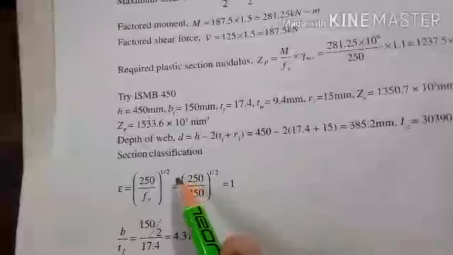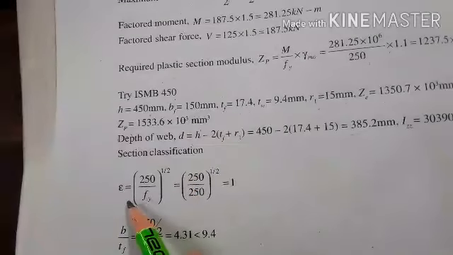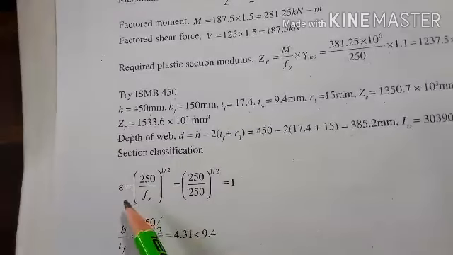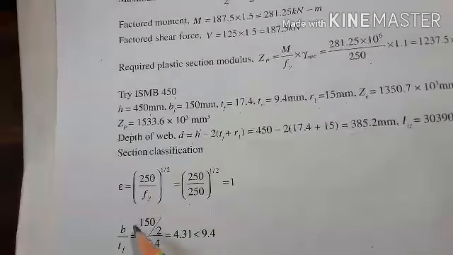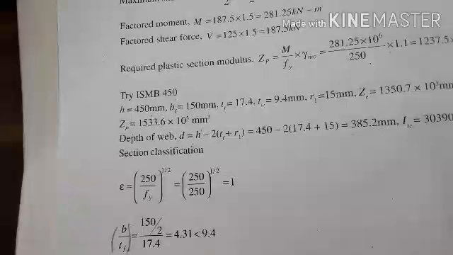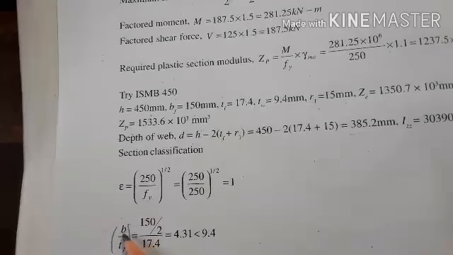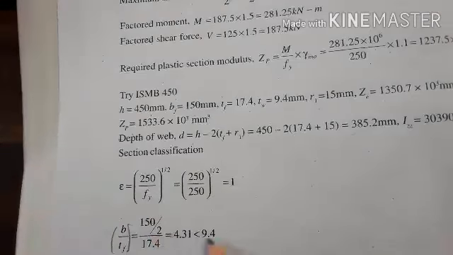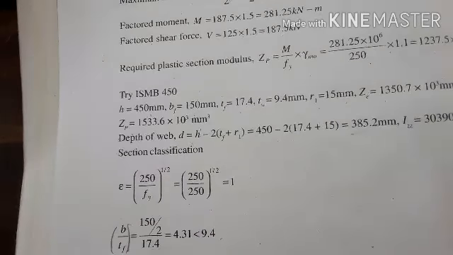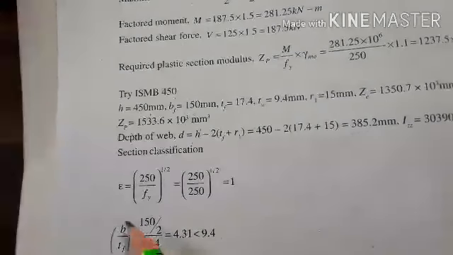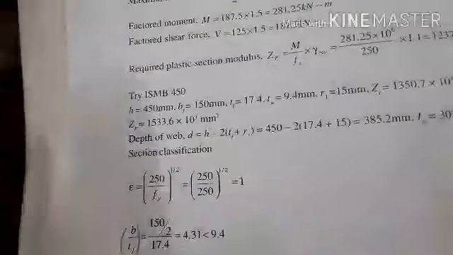Then the next is classification of section, calculate epsilon. You know how to calculate the epsilon value. Then the ratio of flange width to thickness of flange, this much we get, which is less than 9.4, and hence it represents a plastic section. This flange element represents the plastic section.